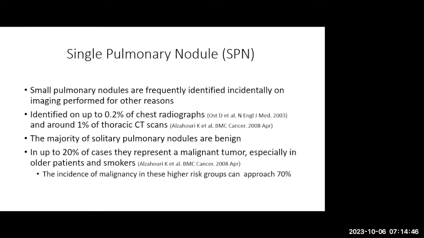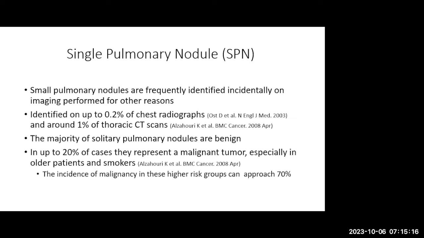So in order to talk about lung cancer, we need to start with a single pulmonary nodule, right? Because many times this is how a cancer ends up being diagnosed. Small pulmonary nodules are frequently identified incidentally on imaging that is performed for other reasons, and that usually happens in about 0.2% of chest x-rays and around 1% of thoracic CT scans.